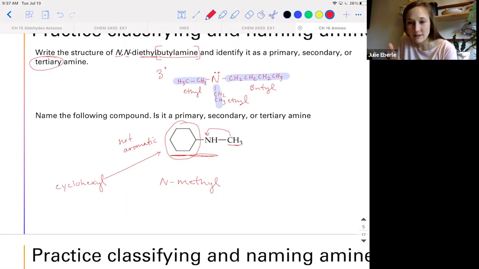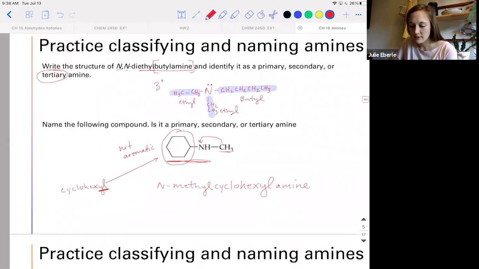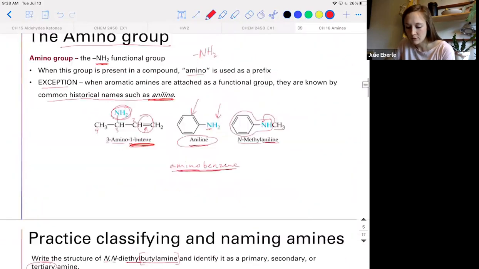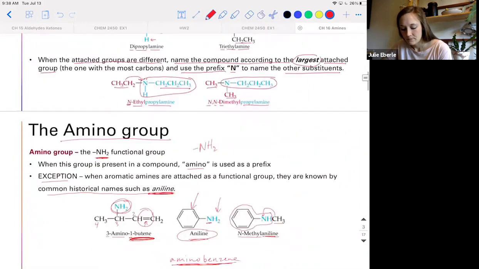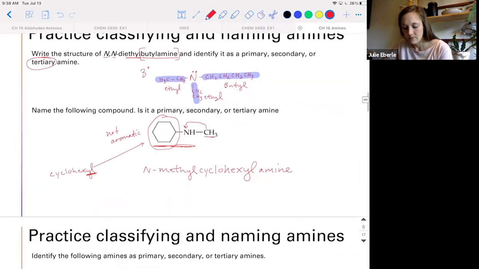And the amine here is the only functional group present beyond an alkane. So we're going to name this with a YL ending. So it's N-methylcyclohexylamine. So we saw this. Scroll up. We saw it right here.